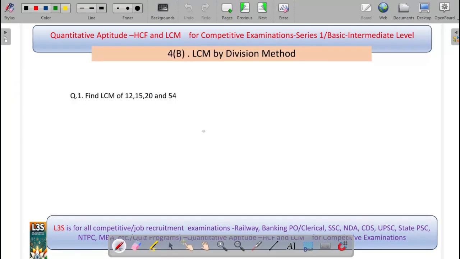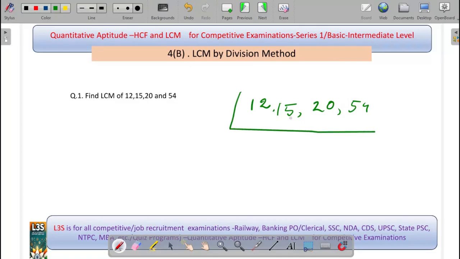Let's do similarly 12, 15, 20 and 54. So we take them together.